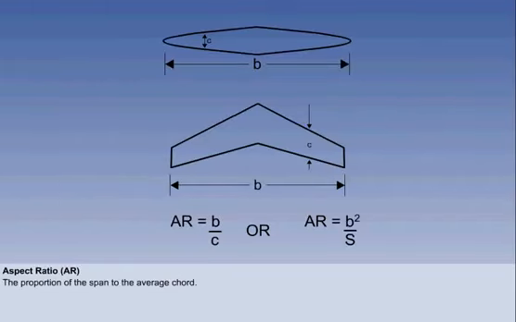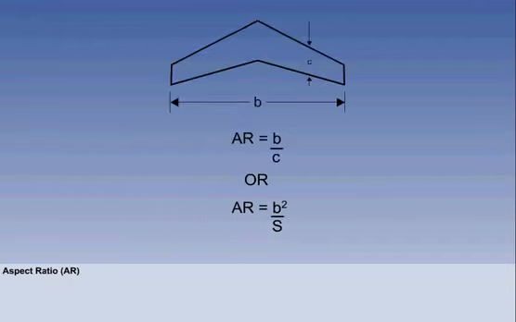The aspect ratio, or AR, is the proportion of the span and the average chord, that is, b over c. If the planform is curved, for example like the Spitfire's elliptical wing, an alternative way of determining the aspect ratio is span squared over area. This assumes, of course, that you have a figure for the wing area.